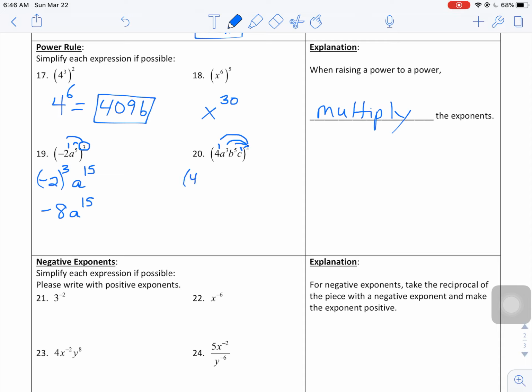So you have 4 to the 1 times 2, a to the 3 times 2, which is 6, b to the 5 times 2, which is 10, and c to the 1 times 2, which is 2. And then don't leave that 4 squared, make it a 16 to simplify more. And then everything else just stays the same. There are no like bases, so you just leave it alone.